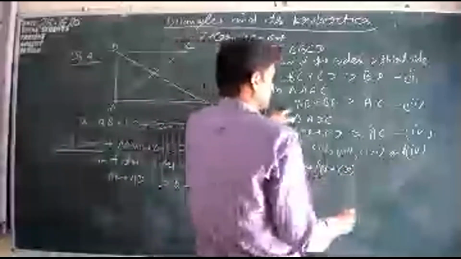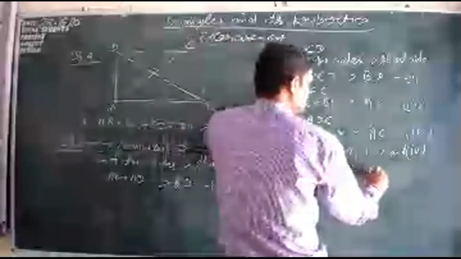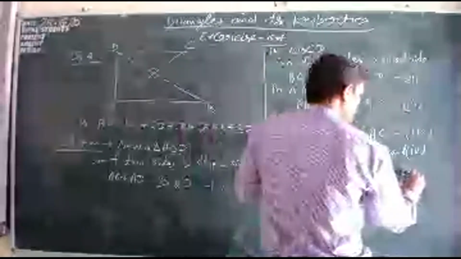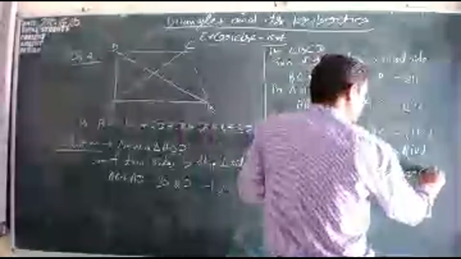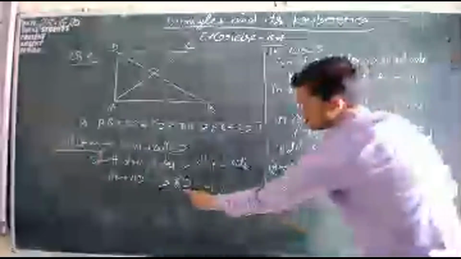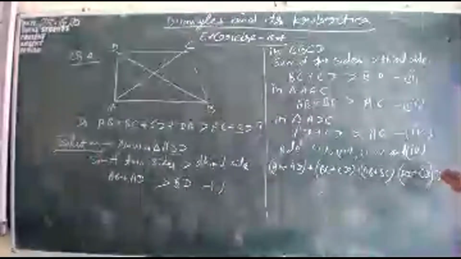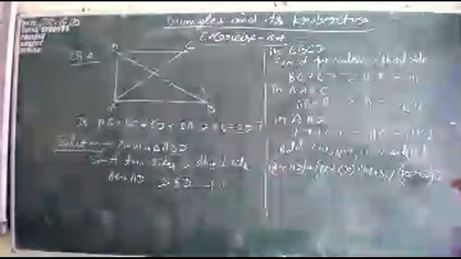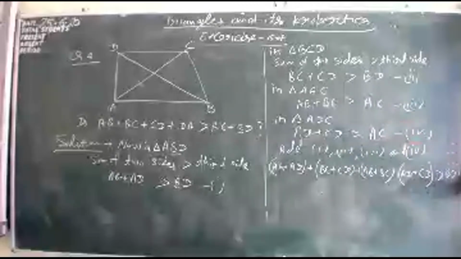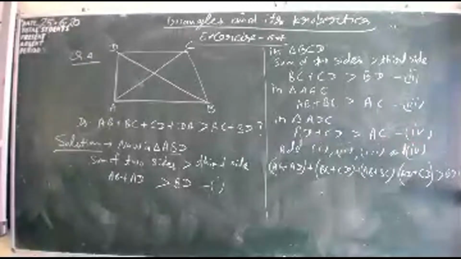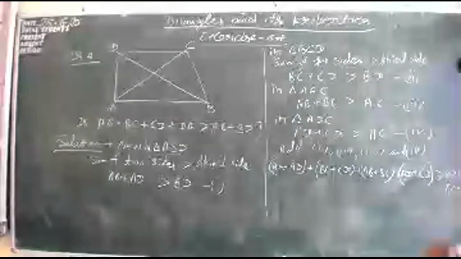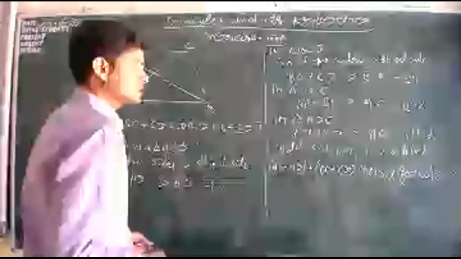Next, the sum of RHS. The symbol is greater than, so we will use the greater than symbol. BD plus BD, and the next one AC plus AC.